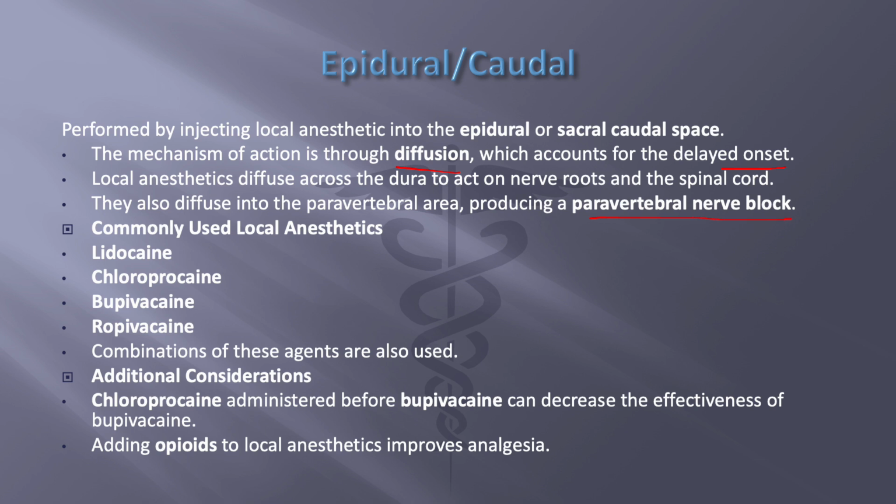Commonly used local anesthetics for this are lidocaine, chloroprocaine, bupivacaine, ropivacaine, and combinations of these agents. If we do use chloroprocaine, we want to administer it before bupivacaine because it can decrease the effectiveness of bupivacaine. And then adding opioids is pretty common to your epidurals, and that can improve the analgesic effects of that epidural.